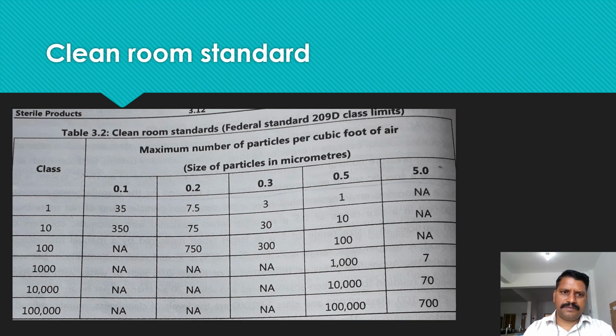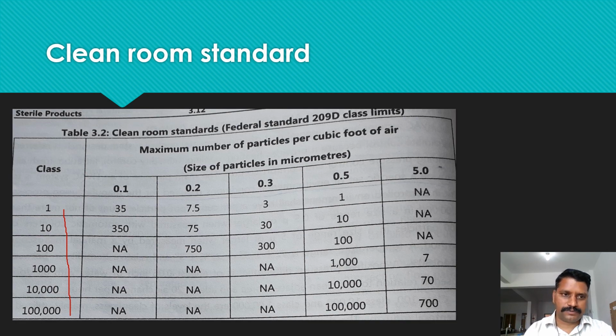Then this is about the clean room standard as per the Federal Standard 209D class limits. These are the classes: class 1, class 10, class 100, class 1000, class 10,000, and class 1 lakh. And these are the maximum number of particles per cubic foot of air, by size of particle in micrometer.